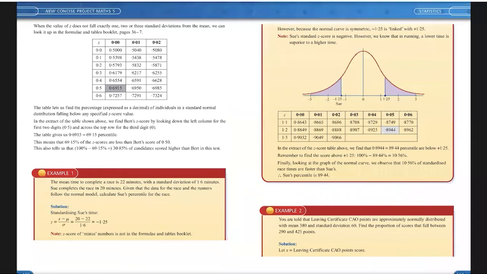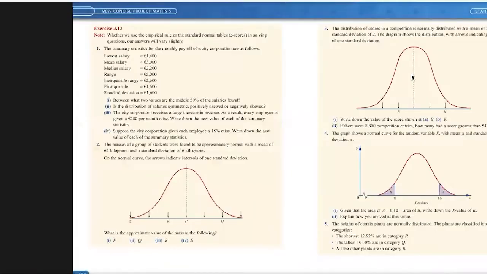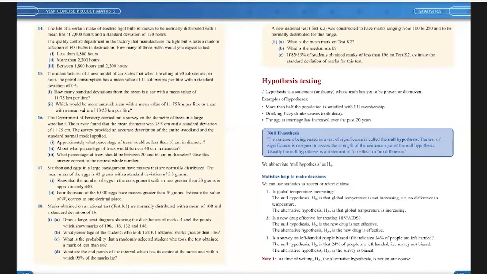This is an example of one up here. That's your z-score tables. What do those values in the table actually mean and how do you read them? We look at two-tailed tests. This looks like it's a two-tailed test. We looked at one-tailed tests, and we'll take it from there. Okay, and all the while then leading up to hypothesis testing, which we'll do in the next theory class.